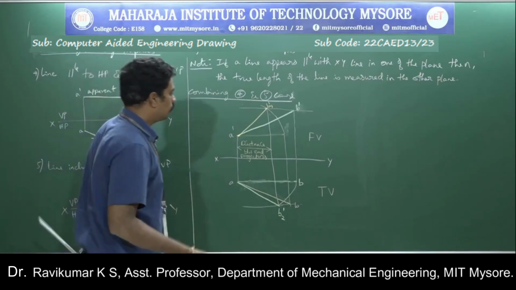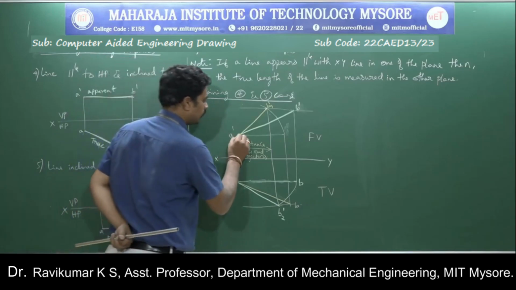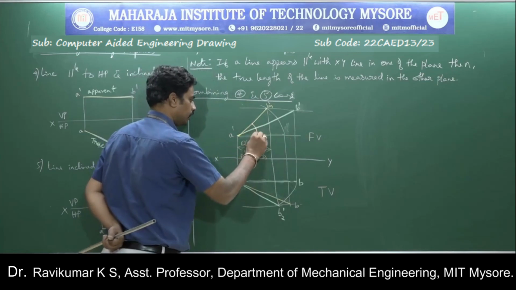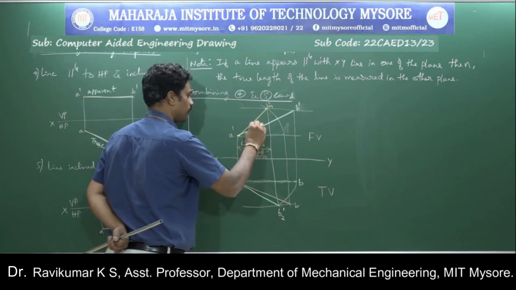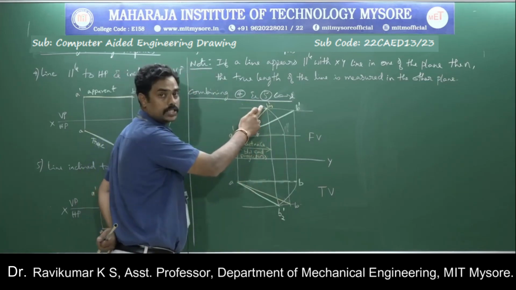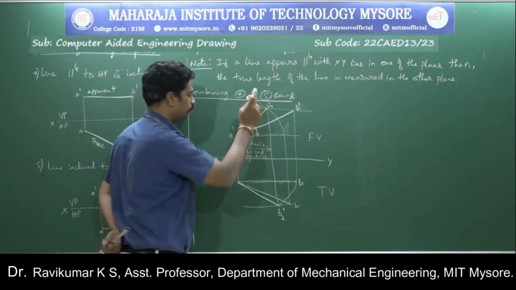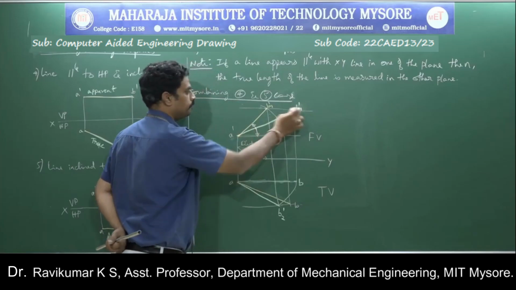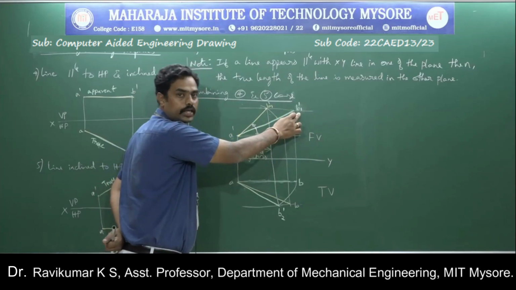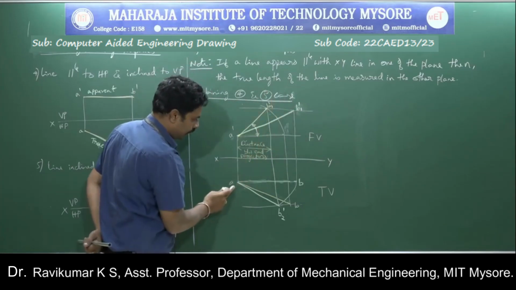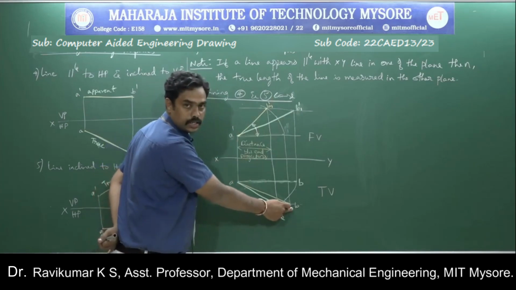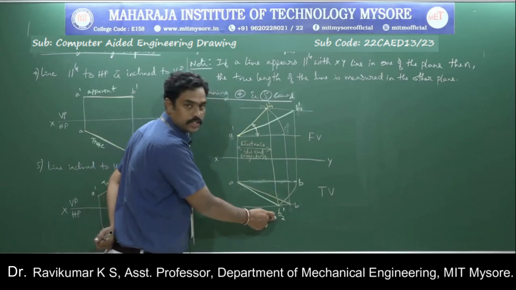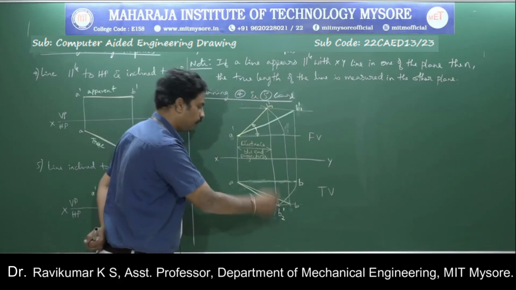So if you write the angles now, A dash B1 dash is the apparent length in the front view, and A dash B dash is the true length in the front view. Similarly, A B is the true length in the top view, A B2 dash is the apparent length in the top view.